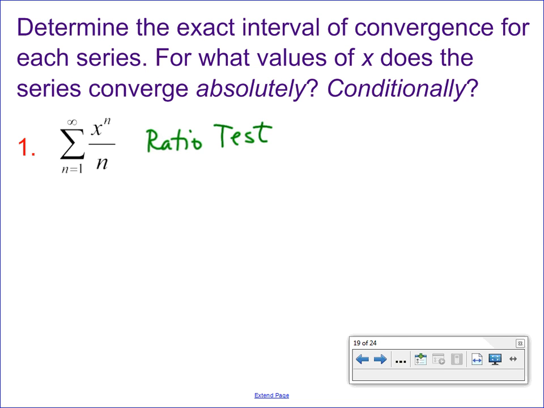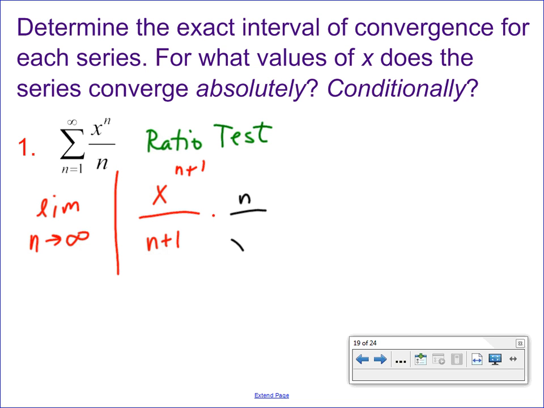How come? Because we're going to do the absolute value of the ratio. So let's consider the limit as n goes to infinity of x to the n plus 1 over n plus 1 times, so dividing by the original would be multiplying by the reciprocal, n over x to the n.